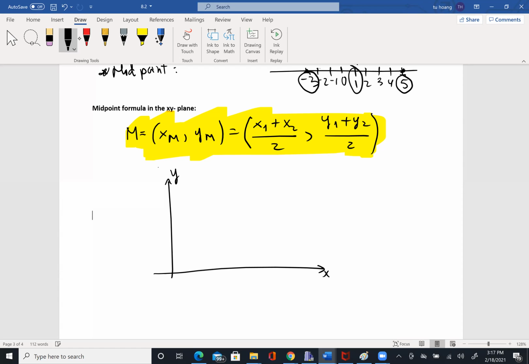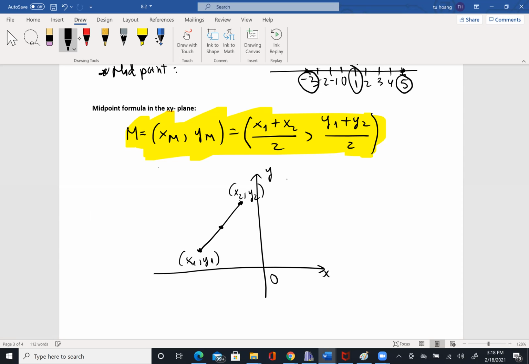Here's one point, x1, y1, and here's another point, x2, y2, and the midpoint should be here.